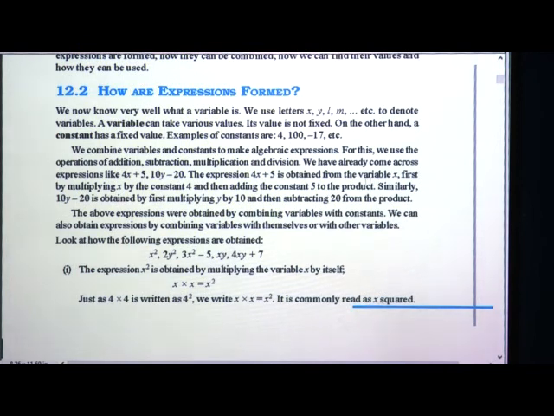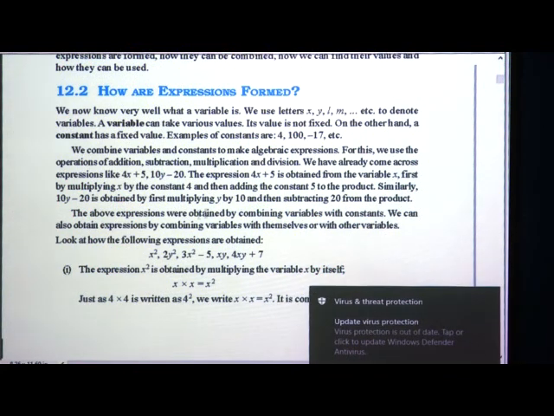Similarly, 10y minus 20 is obtained by first multiplying y by 10 and then subtracting 20 from the product.